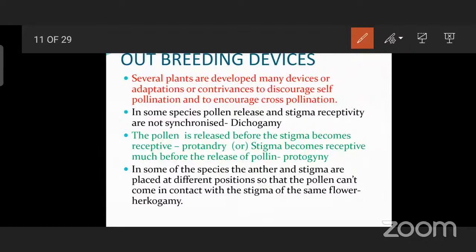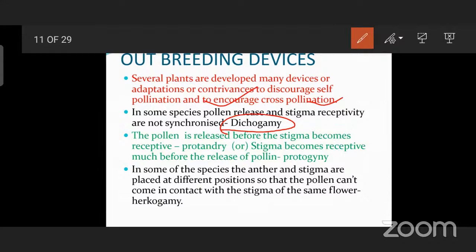In some species, pollen release and stigma receptivity are not synchronized. This is known as dichogamy. That means dichogamy is when the release of pollen grains and the receptivity of the stigma are not synchronized.